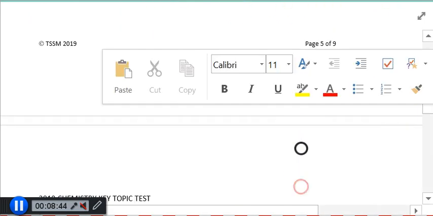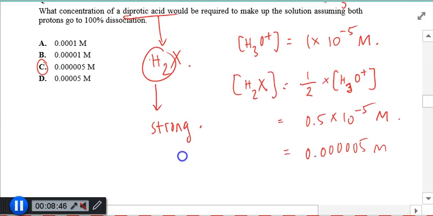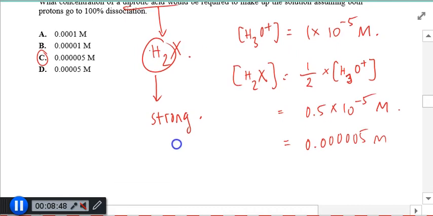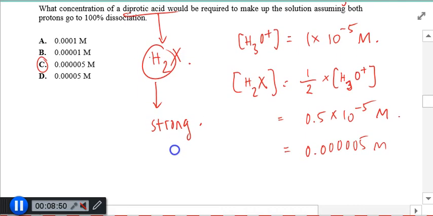Yep. So if it's H1X, would you do a third of the H3O? So if it was just a single strong acid, same concentration, because you would need to have the same amount of acid as hydronium.